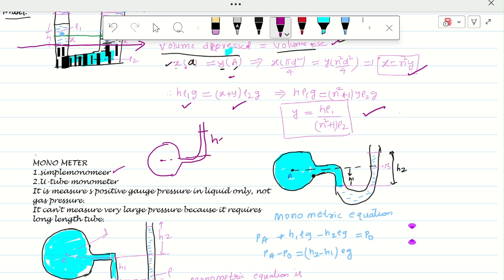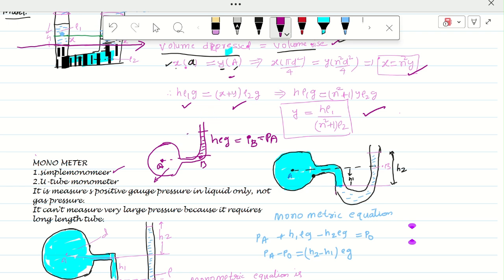So h rho g is equal to pressure at B, which is equal to pressure at A, because A and B are on the same horizontal line, the equipressure line. Therefore h rho g. Because of this, either a gas or liquid fluid is inside the bulb of the manometer.